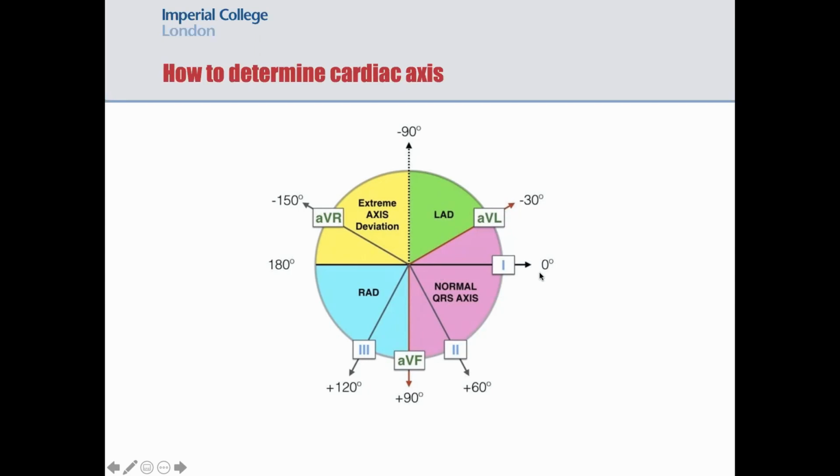AVF is here, so any direction from 0 degrees to 180 degrees will produce a positive deflection in the direction of AVF. So the two overlapping areas would be 0 to 90 degrees.